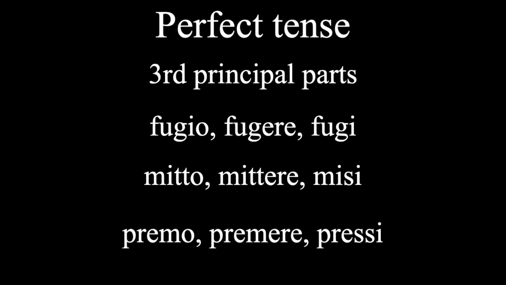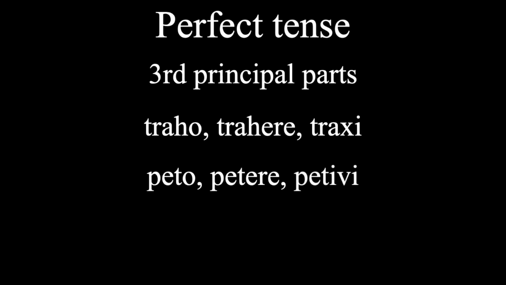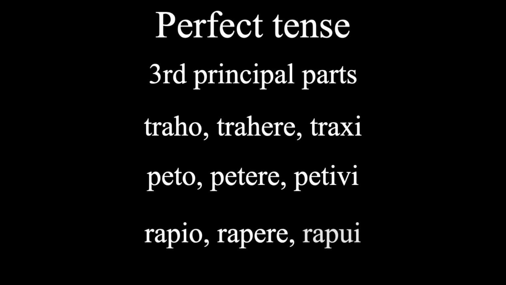For trahere, we get traxi with an x, which is very common. Petere becomes petivi, though a v is not particularly common for third conjugation verbs. Rapere becomes rapui by adding a u.